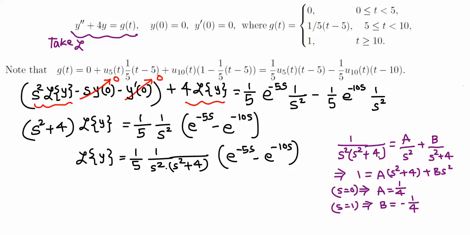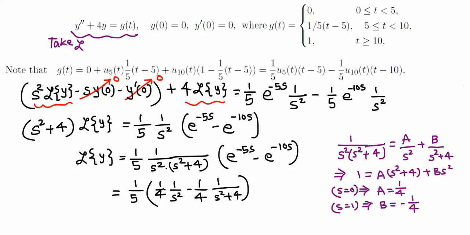Both are quadratic factors, so we don't have to write As plus B. This works, and here A is 1/4, so this is 1/4 over s squared, and B is negative 1/4 over s squared plus 4.